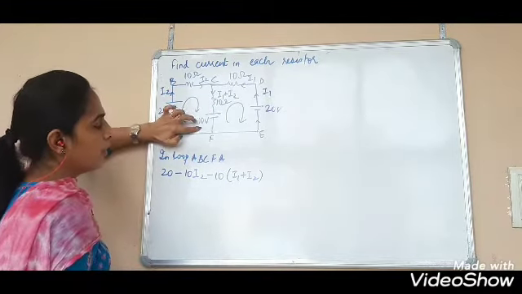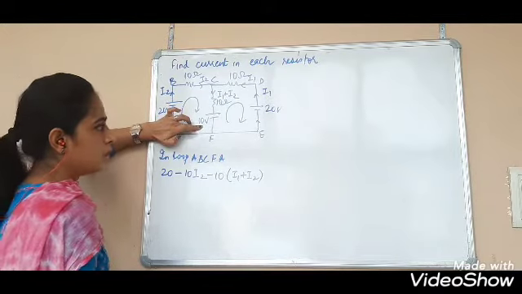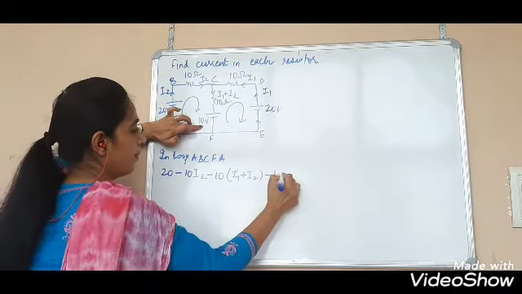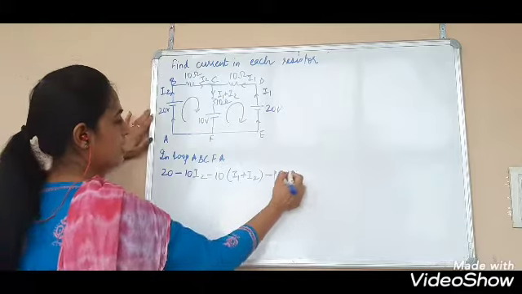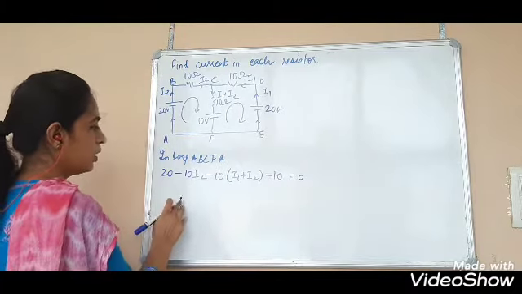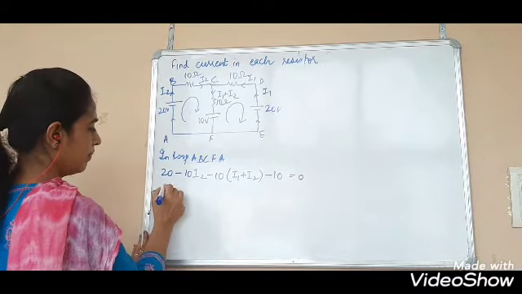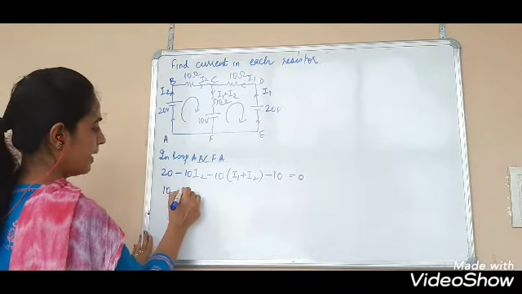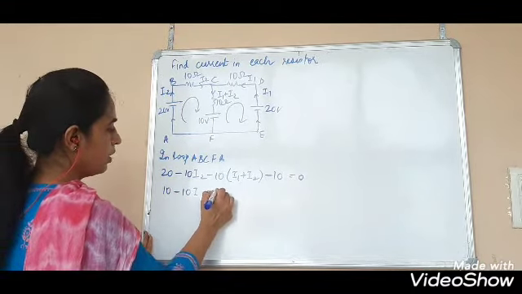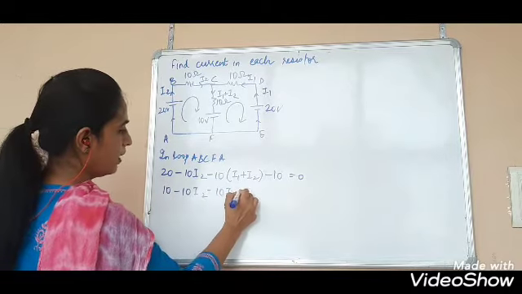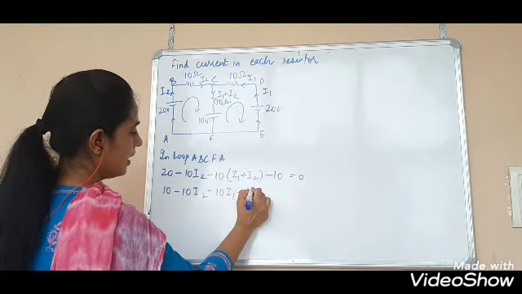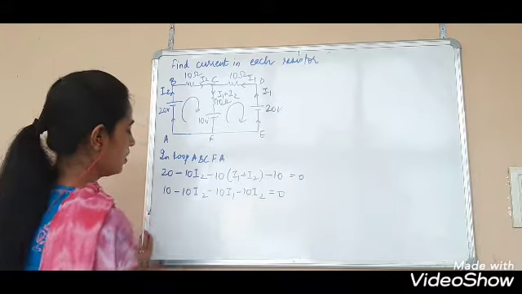Then in this cell, going from higher to lower, so that's a potential drop, minus 10 is equal to 0. Right? So 20 minus 10, that is 10. 10 minus 10 I2 minus 10 I1 minus 10 I2 is equal to 0.